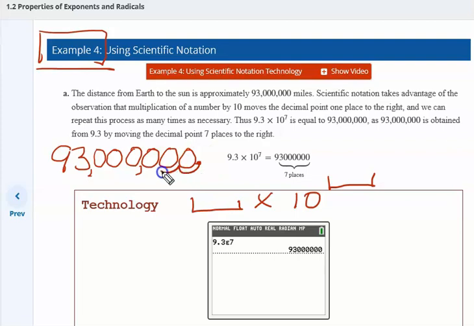So 1, 2, 3, 4, 5, 6, 7. So our number is 9.3. That's what we put here, 9.3. And since the zeros are not significant digits, in this condition, we don't add any more. And how many places do we move it over? 7. So scientific notation for 93 million miles is this.